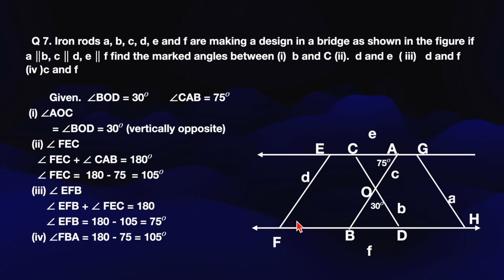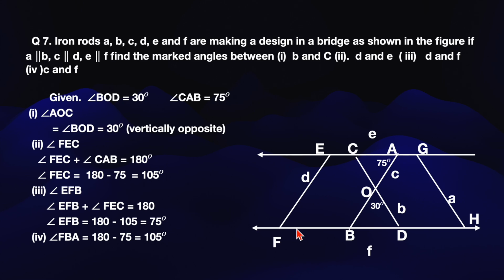Angle FEC, this angle they have to find. Here these two are parallel lines and this is the transversal. So this angle plus 75 is equal to 180. So this angle is 180 minus 75, that is 105. Next is EFB. This angle plus this angle is 180 degrees.